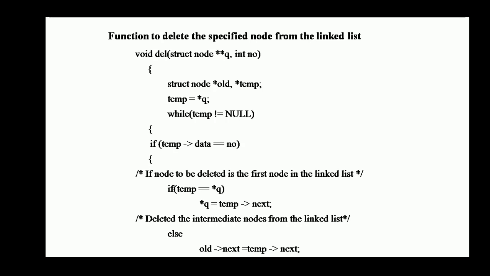This deletes the intermediate nodes from the linked list. You are given that star q equal to temp implies next. This is the way the temporary node implies the next node.